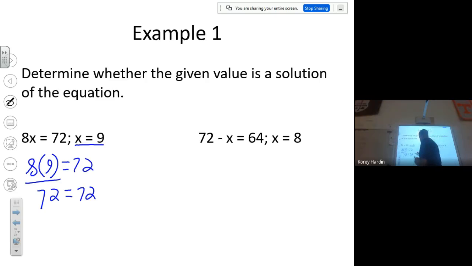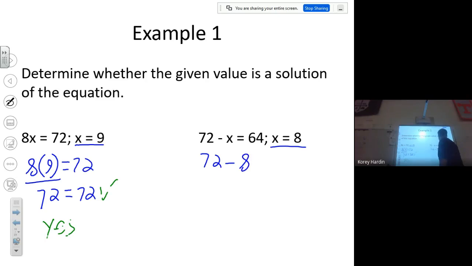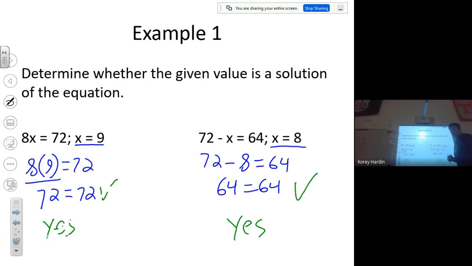So we say Johnny's right. Yes, this is a solution. Over here, I have 72 minus x equals 64, with x equal to 8. 72 minus 8 is going to be 64. So 64 equals 64. So yes, Johnny's right. This is a solution.